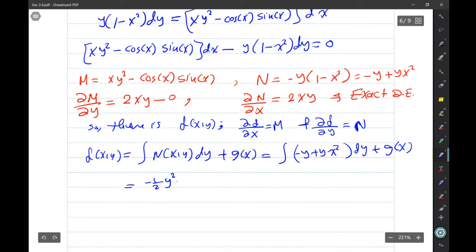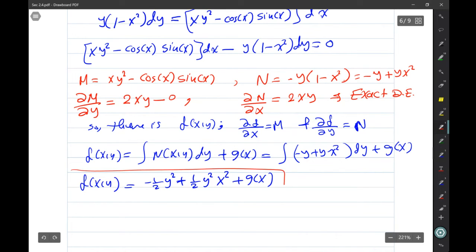Minus half y square plus half y square times x square, because x square is a constant, plus the function g of x. This is my function f of xy.